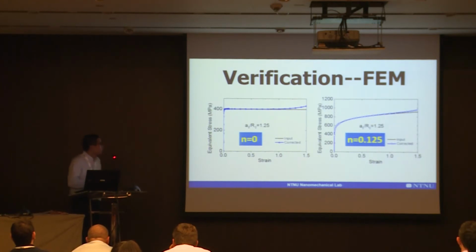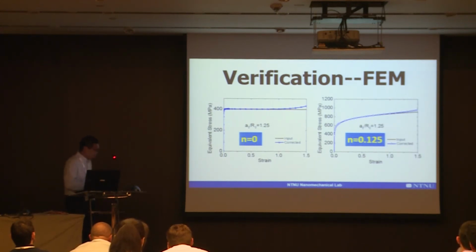Here we present a numerical verification. In these two figures, the notch geometry of the notched specimen is A0 over R0 equal to 1.25. And in this figure, the hardening exponent is n equal to 0, which is the perfectly plastic material. And we can see that the corrected stress strain curve shows good agreement with the input equivalent stress strain curve.